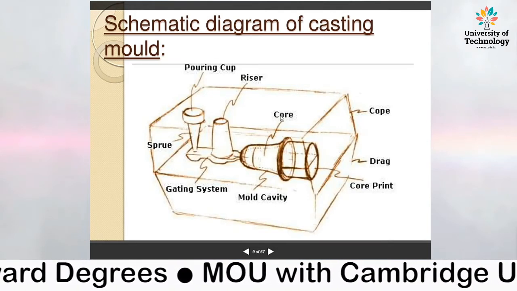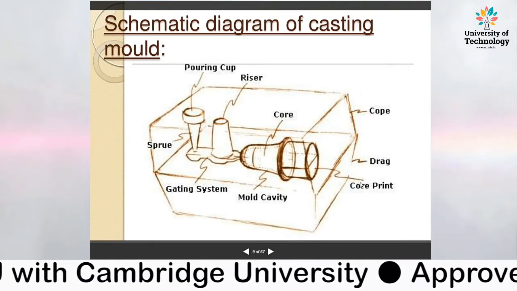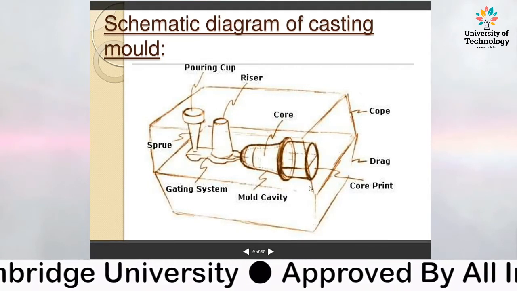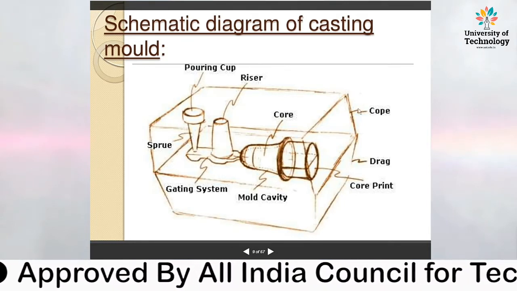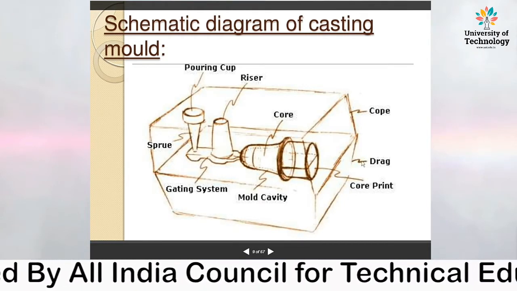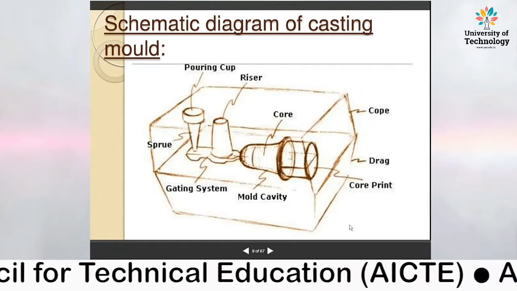Here is the core, and that is the core print. In the molding box, the cope is the upper part, and the drag is the lower part of the flask.